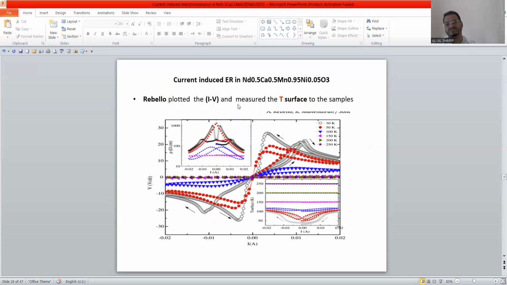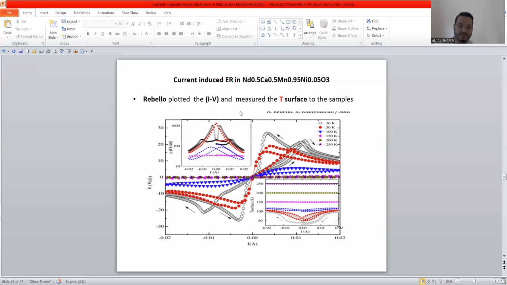Actually, in the isolating state, the temperature doesn't change because it's approximately equal to the surface temperature, but a different behavior acts in the metallic state at less than 150 Kelvin. Non-linearity behavior starts from the bias temperature, and when we increase the current, the curve increases to reach the maximum point.